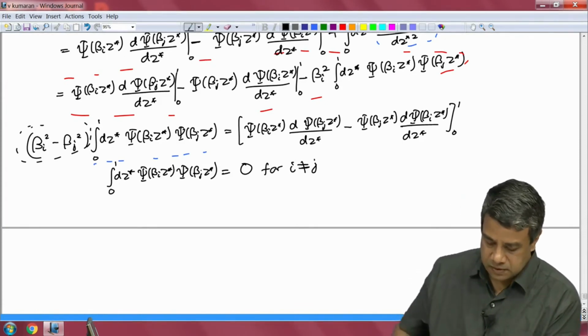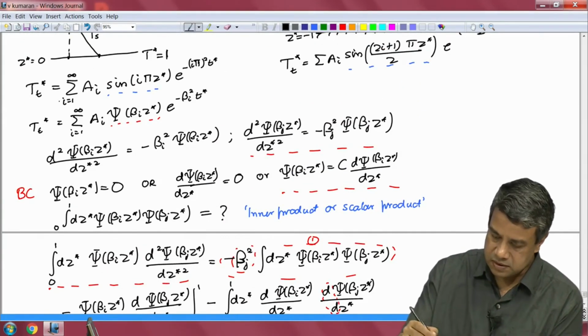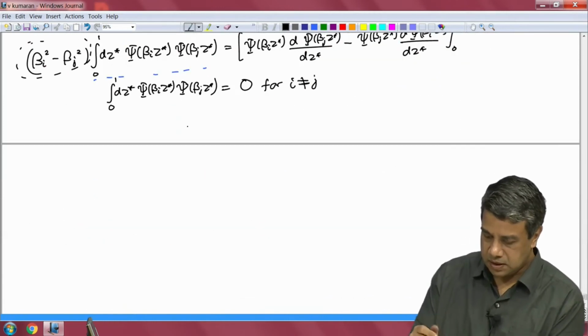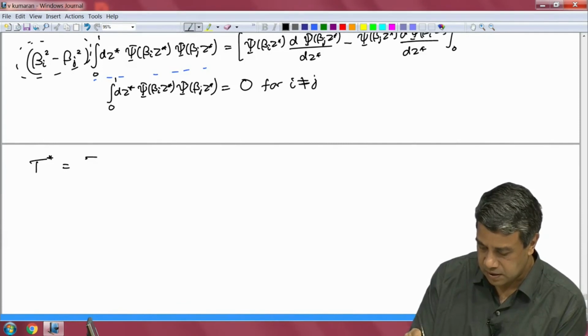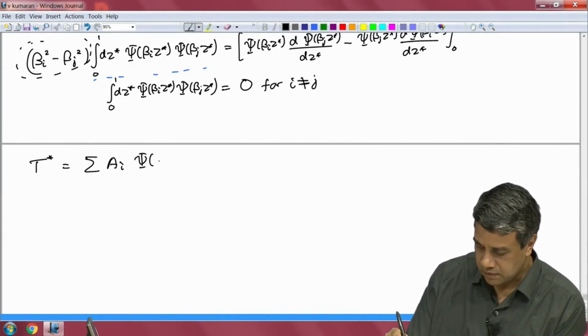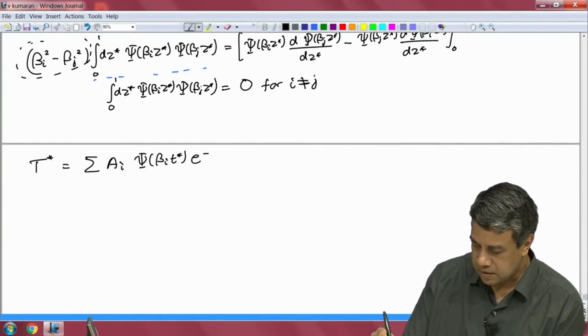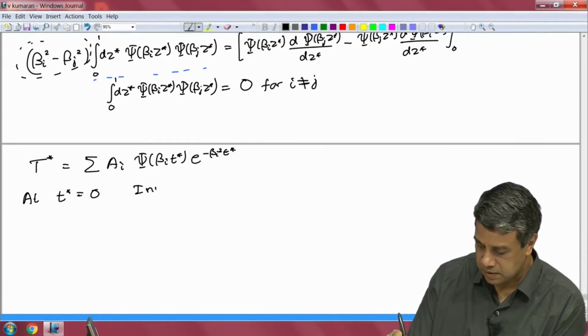And if that is equal to 0, then the solution that I had here was T star is equal to summation of A I psi of beta I t e power minus beta I square t. At t equal to 0, we have the initial condition.